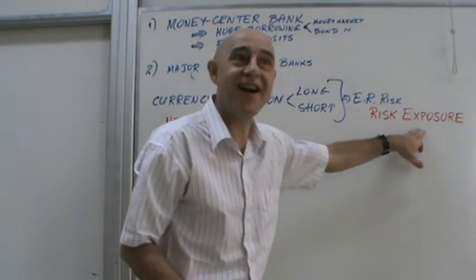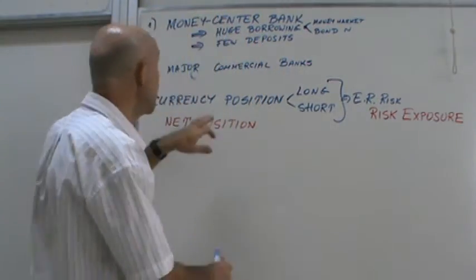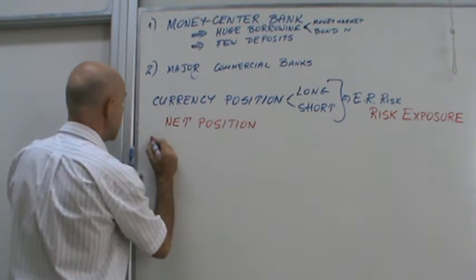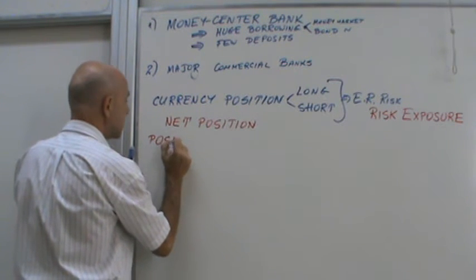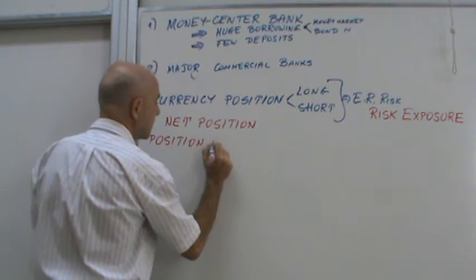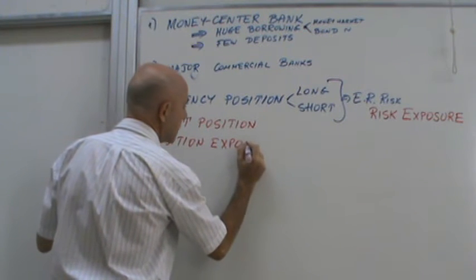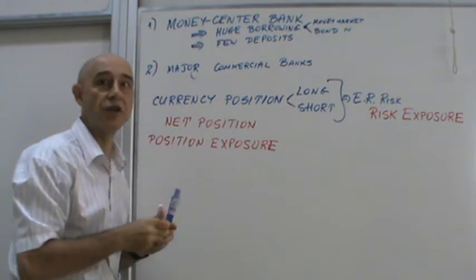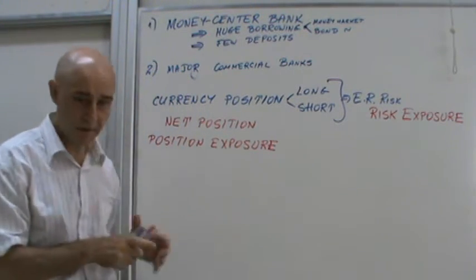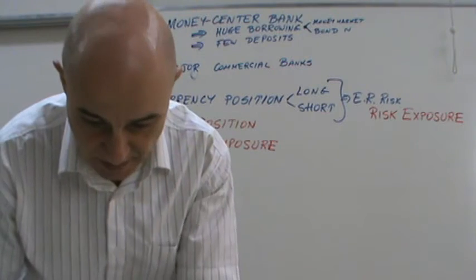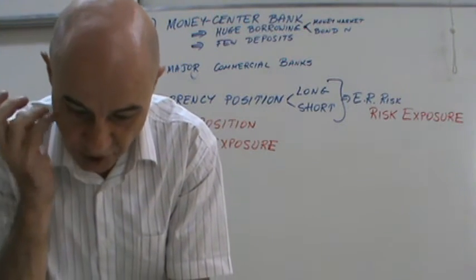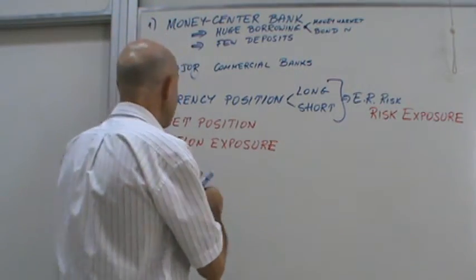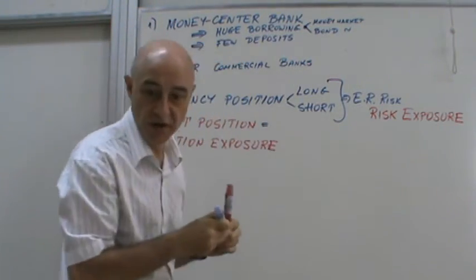And sometimes in the textbook they use position exposure. They'll use both. Okay? Let's see what else I got. Net exposure, foreign exchange risk. Okay, so now what is net position?